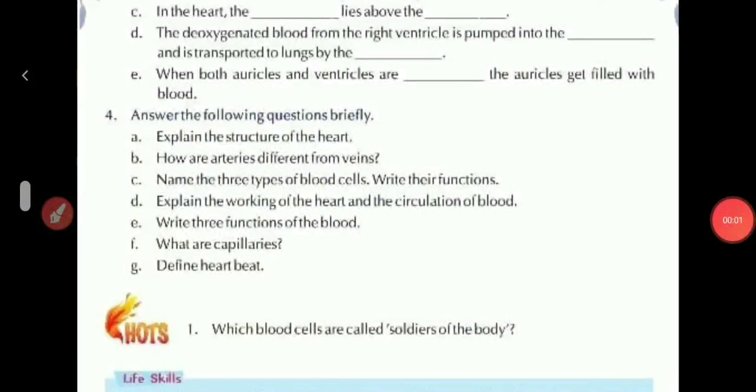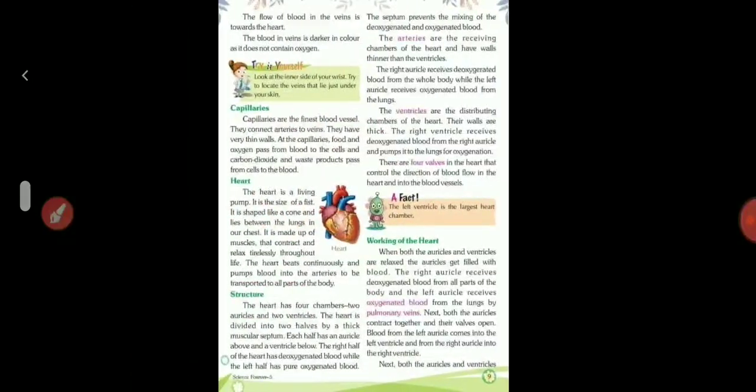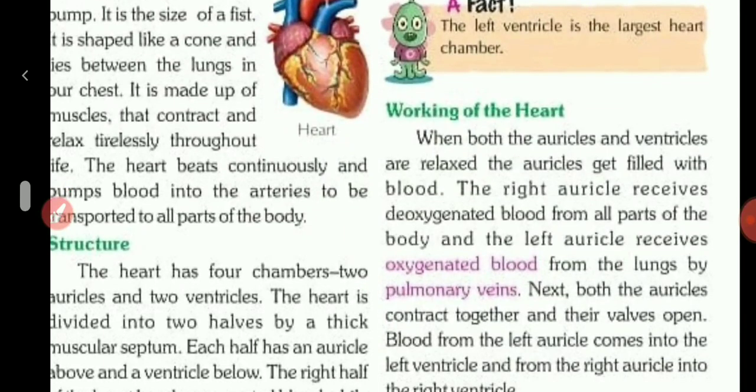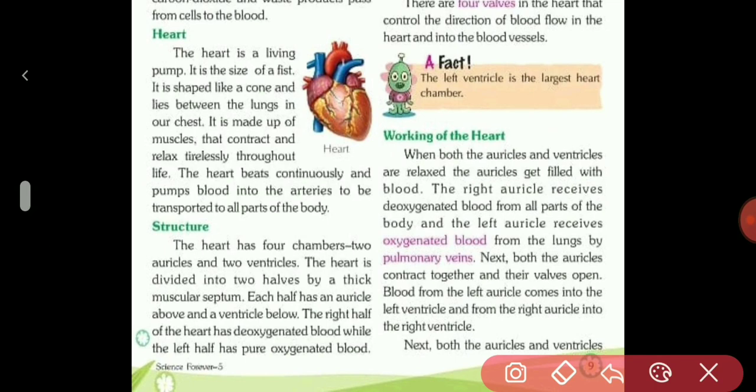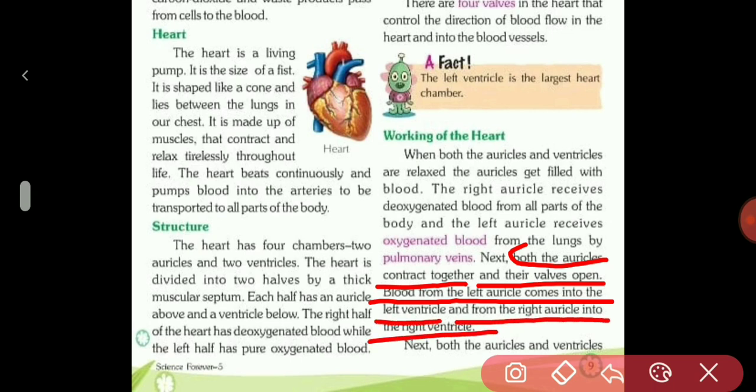D part. Explain the working of the heart and the circulation of blood. So you can write the answer from here. When both the auricles contract together and their valves open, blood from the left auricle comes into the left ventricle and from the right auricle into the right ventricle.